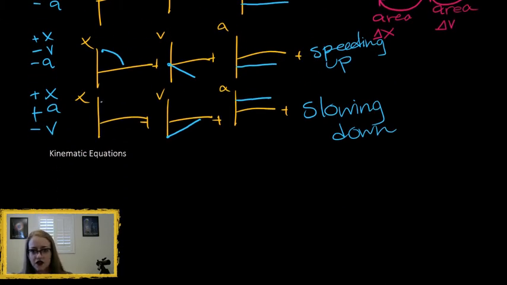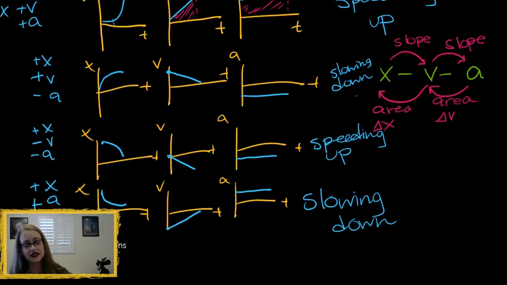We start with a velocity, and that velocity decreases. Let's make that a little better. Something like that, where our slope is negative, but our slope is decreasing. So there are our basic cases for motion graphs.